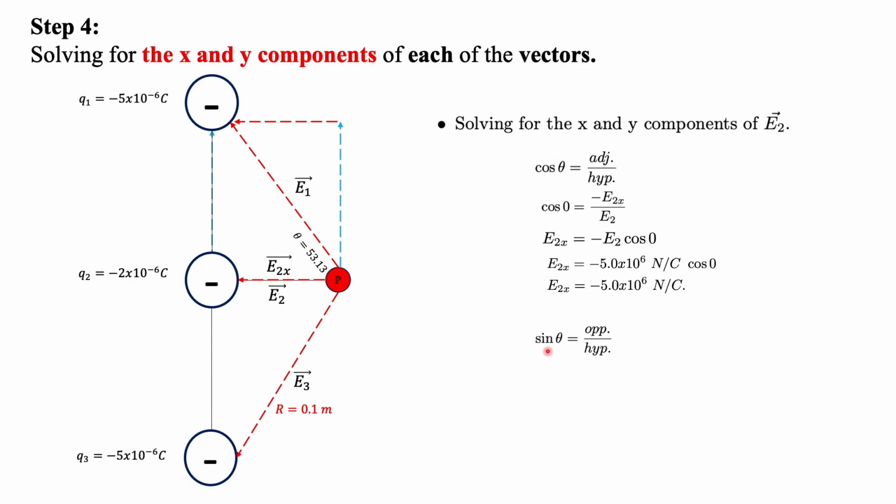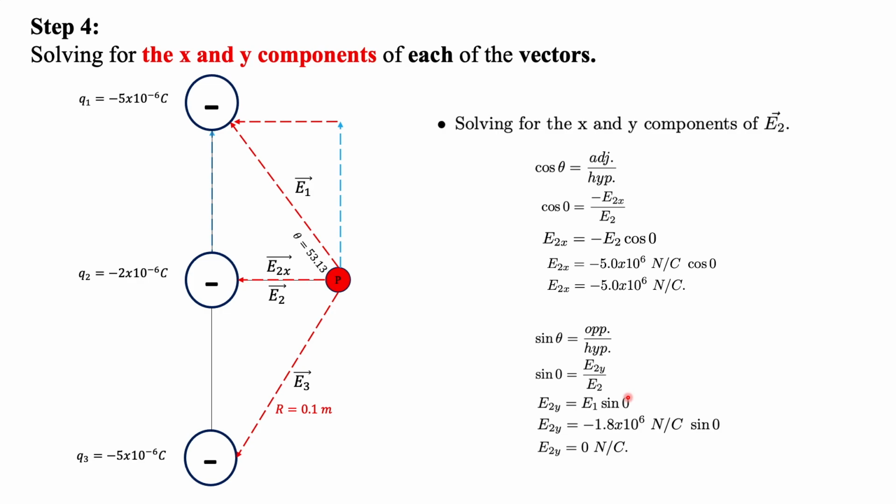So we substitute the values. But the bottom line here is we know that the sine of 0 will always be 0. So that is why E2y will just be 0. All right, now we're done with the two vectors.